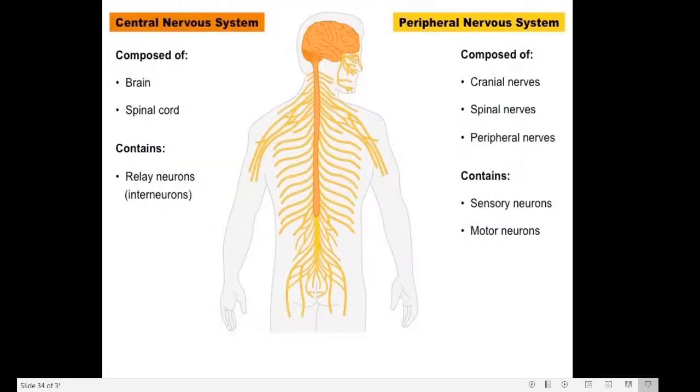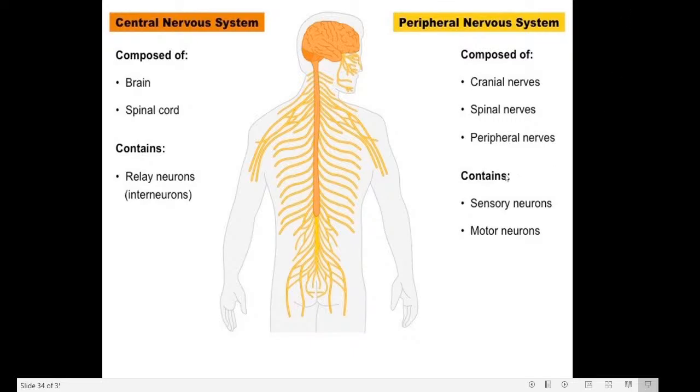And this is the central nervous system and the peripheral nervous system. The central nervous system has the parts: brain, spinal cord, and relay neurons. It's composed of the brain and spinal cord, and it contains the relay neurons, the interneurons.